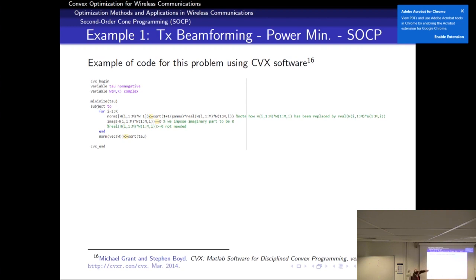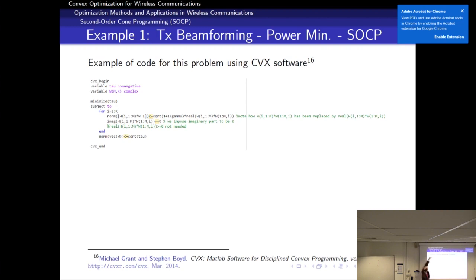So this comes essentially within your MATLAB program. Within the MATLAB code, you're going to generate your channel realization, for instance, with a certain model, and so on. And at some point, you will say, okay, now I have my beamformers. I want to optimize them, right? And so you will call CVX. This is done by doing cvx_begin and cvx_end.